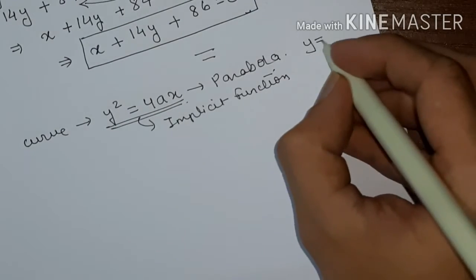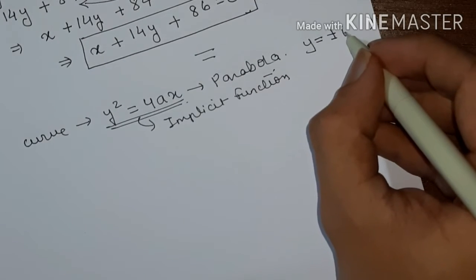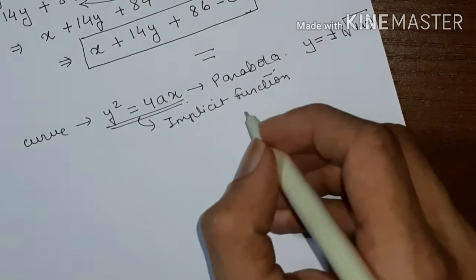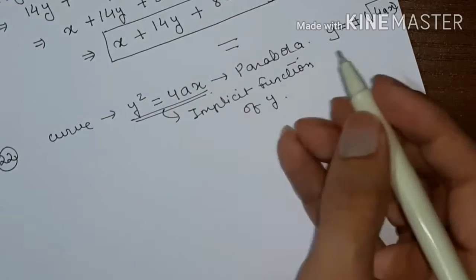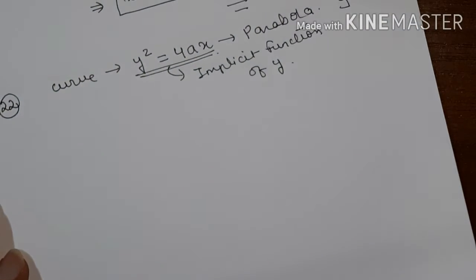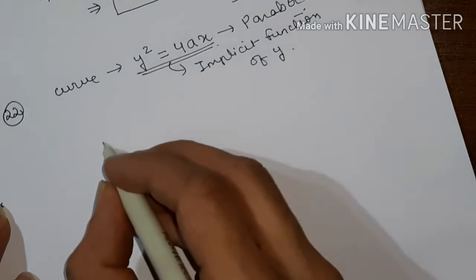You will get y equal to plus or minus some function of x, right? In fact, it is root of 4ax here. So it is an implicit function of y. So you have to take the implicit derivative. Implicit derivative is simple, just differentiate both sides of the implicit function.